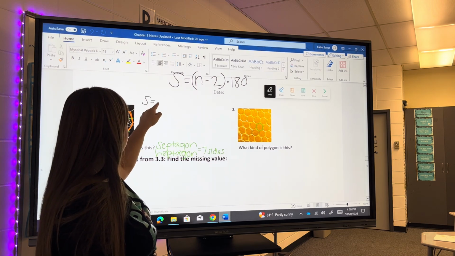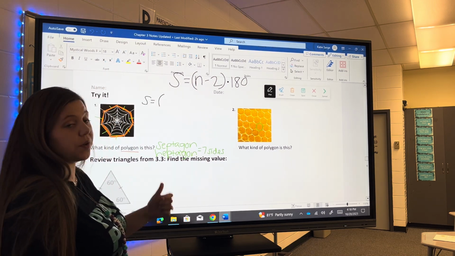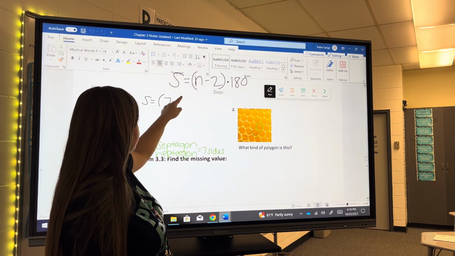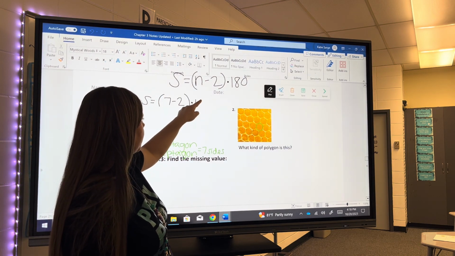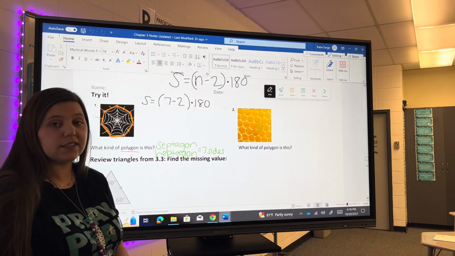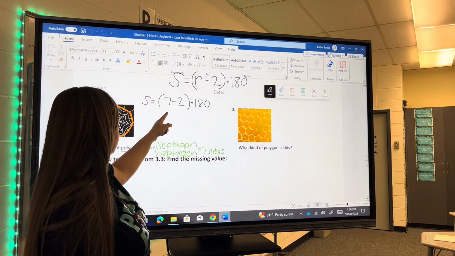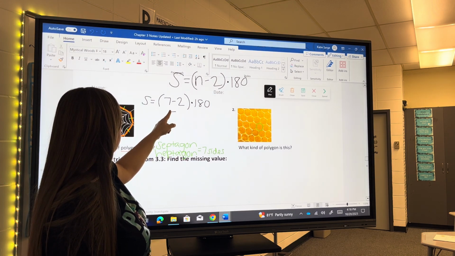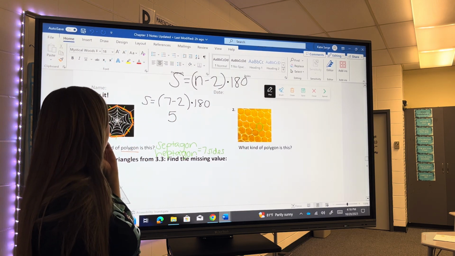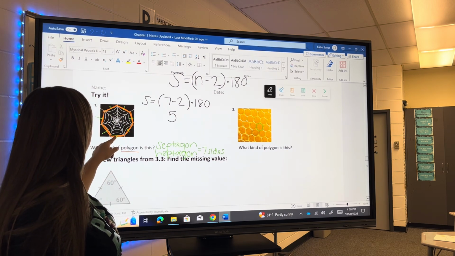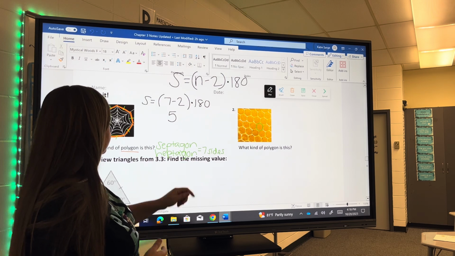S equals, n is the number of sides, so in this case we're changing n to be 7, subtracting 2, and then multiplying by 180. Okay? 7 minus 2 is 5. Okay? Times 180.